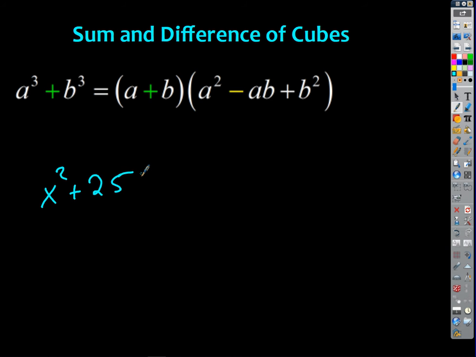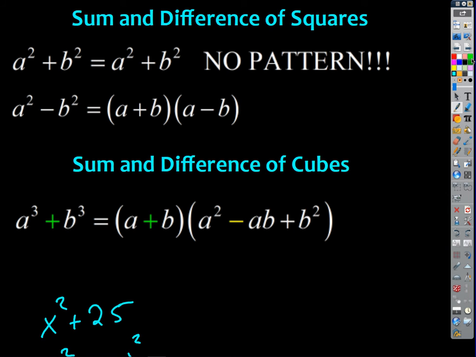Well, that looks like something squared, which is an x, plus something squared here, which is a what? What squared is 25? Okay, so that's just fitting the pattern where a is equal to x and b is equal to 5. And then we just follow that pattern. But the thing is, there's really no pattern to follow, right? The sum of squares does not factor, okay?